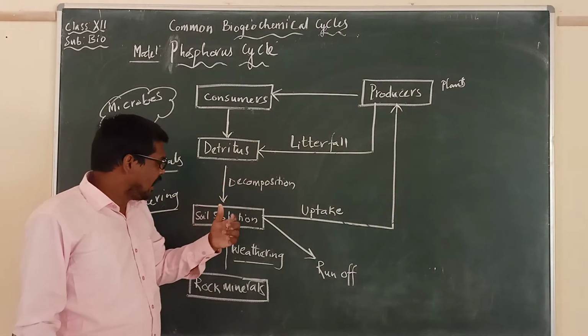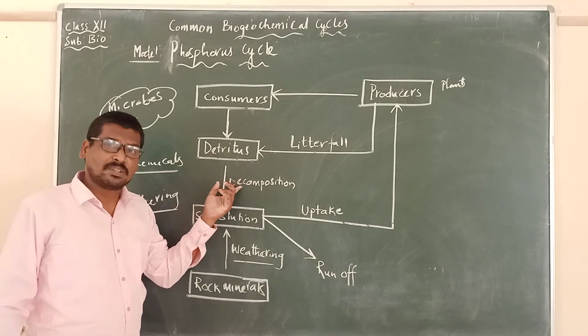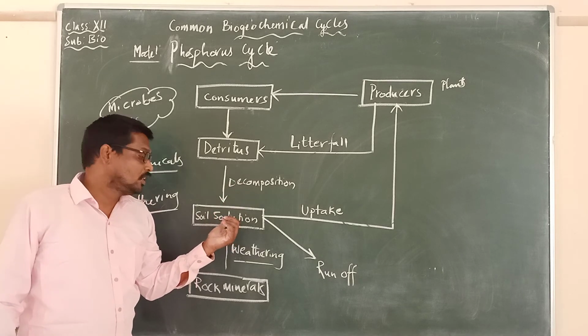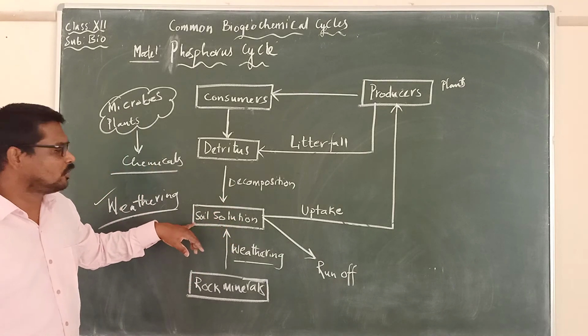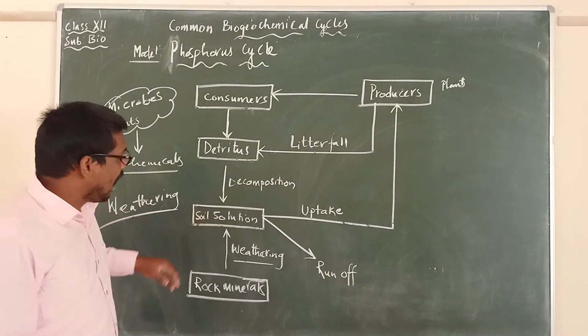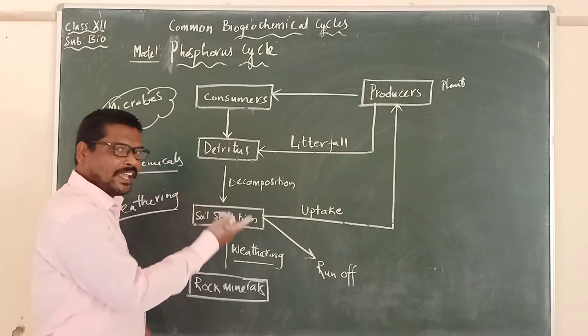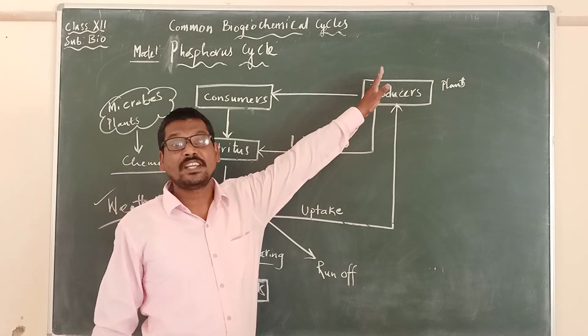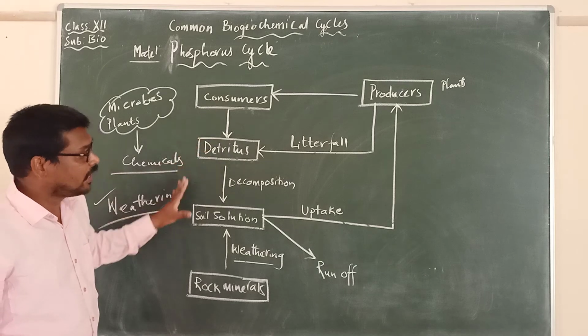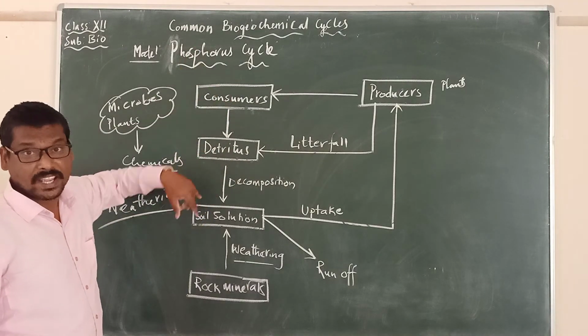Through decomposition, it is again entering into the soil, into the soil solution. And after entering into the soil solution, it is again available for the producers. In this way the phosphorus cycle takes place.